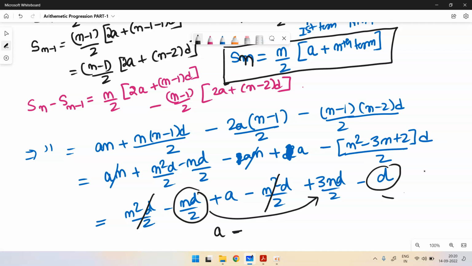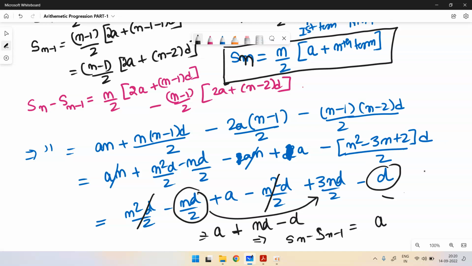This is nothing but a plus, this 3 by 2 minus 1 by 2 is 2 by 2, 2 by 2 is 1, so this is nd minus d, which you can write as Sn minus S of n minus 1 equal to a, and this plus nd.